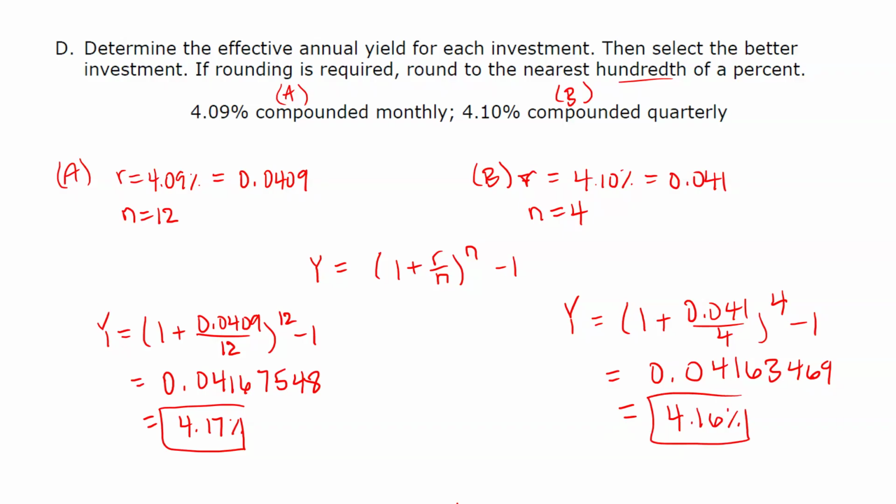So which one would be the better investment, the one that yields the highest return? This one, A. This is the better investment because its return is higher, just by 0.01%. But still, that's money on the table. All right, that concludes section 8.4.